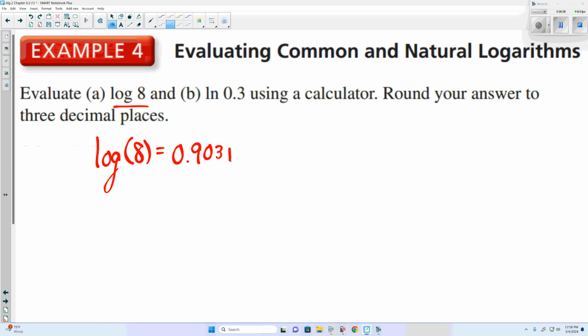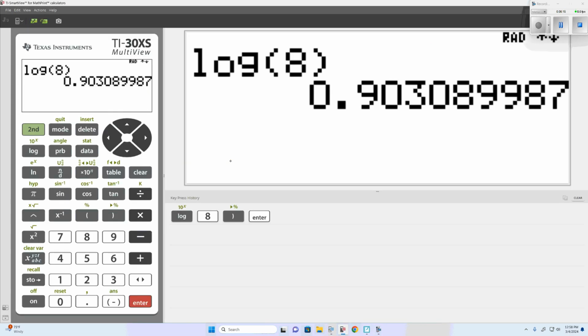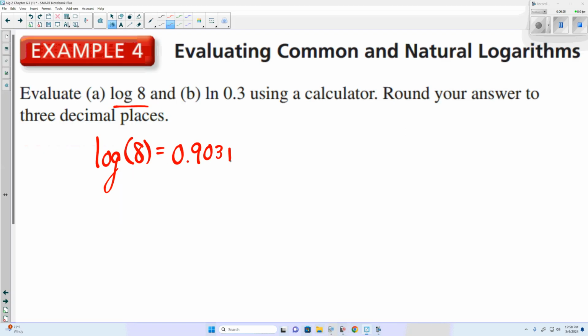I think this year is asking for 3. So if you go 3 or 4 decimal places, that works. Questions on the first one?